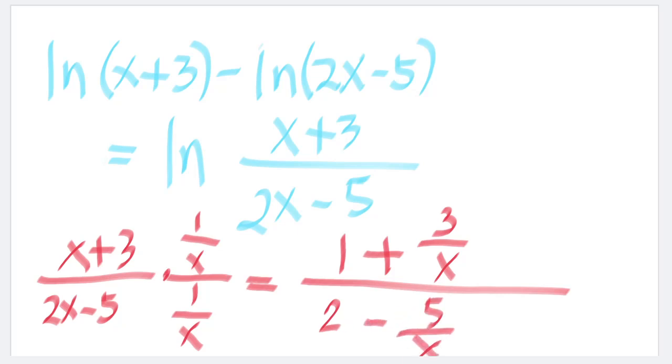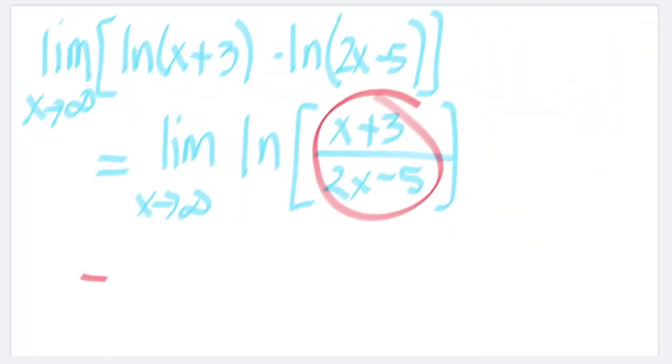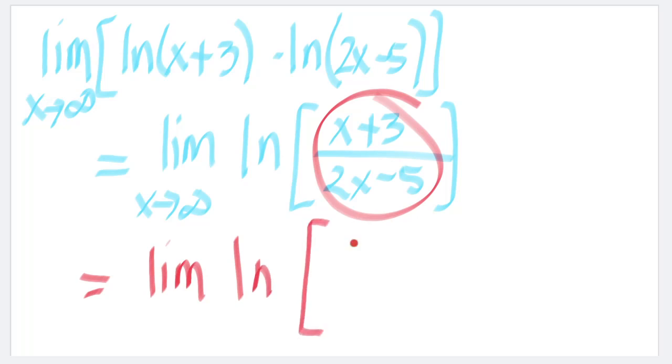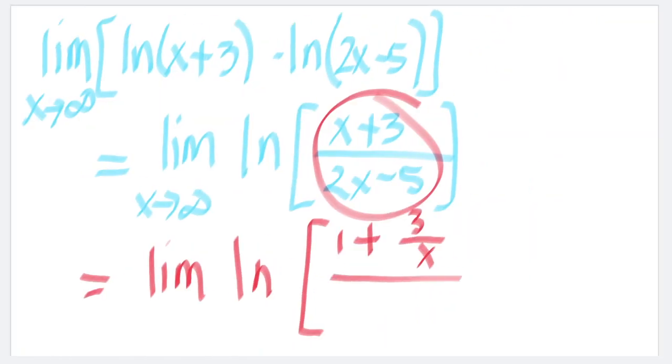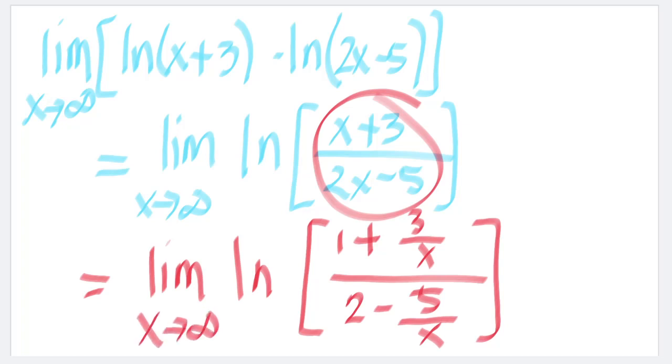So therefore this is equal to the limit of ln of what? 1 plus 3 over x, all over 2 minus 5 over x, as x approaches infinity.